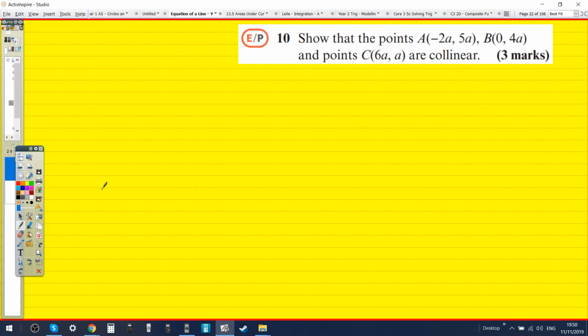Okay, so isn't that the same as they're on a straight line? They're on the same line. Correct, yeah.